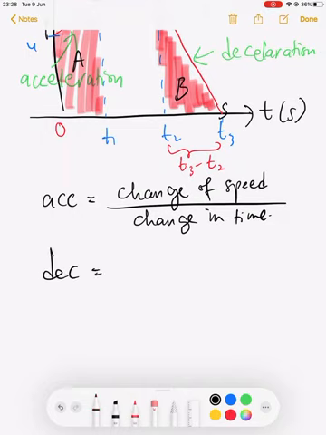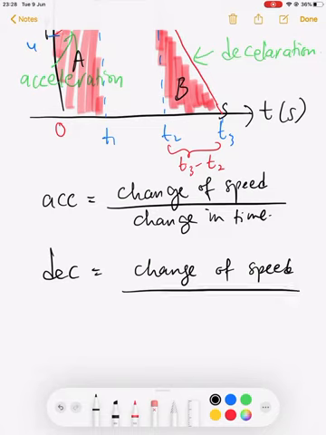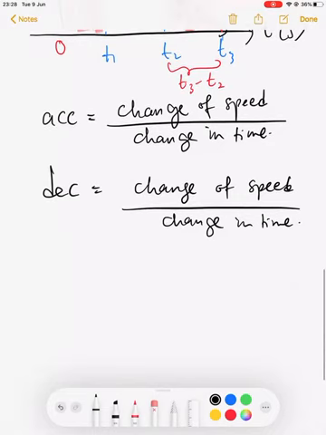Deceleration equals the change of speed divided by the change in time as well. However, how do these two differ? Acceleration is when the gradient is positive.